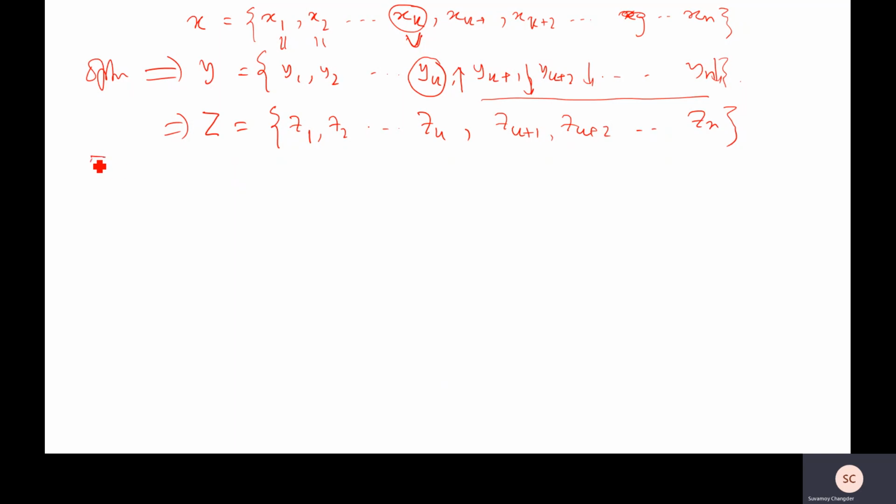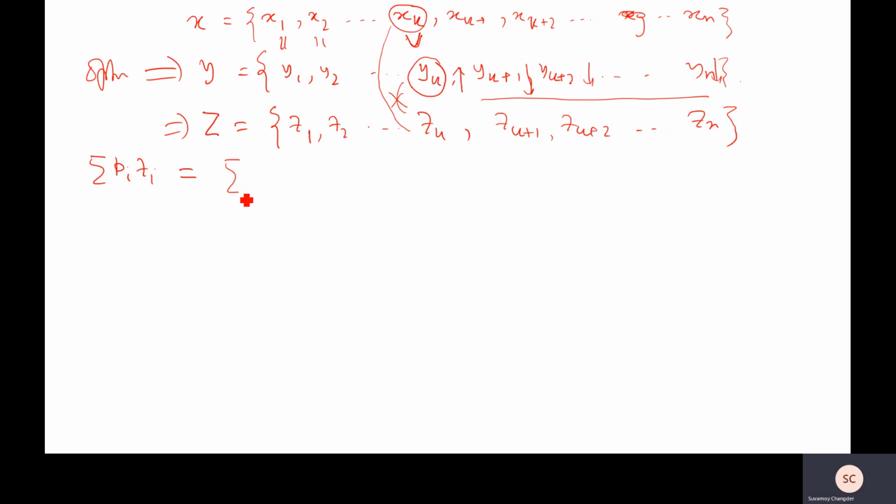So let us find the profit earned by z. Think about y1 equals z1, y2 equals z2, and so on, except yk and zk. We have increased yk to xk, and that is zk. So that means zk is equal to xk, but these two are not equal. Okay.